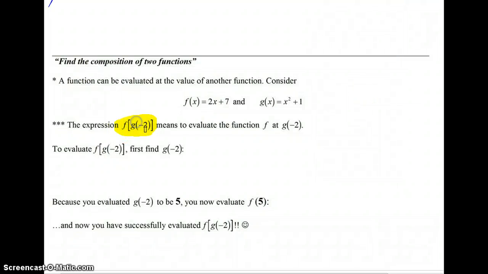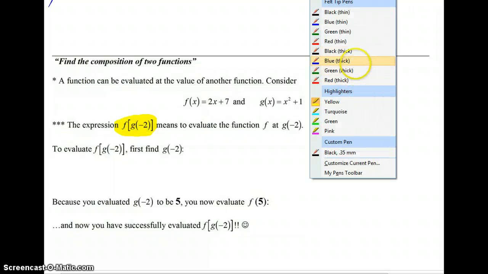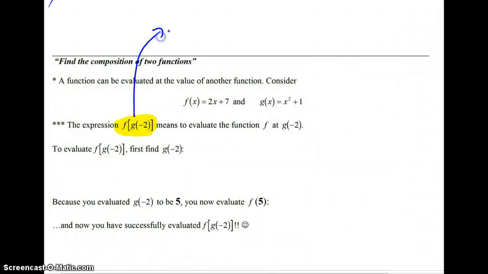We're going to be given f of g of negative 2. Now I want you to understand that this is not f times g of negative 2. That would be written very differently. If that were the case, we would say, and I'm going to say this is not f of negative 2 times g of negative 2.